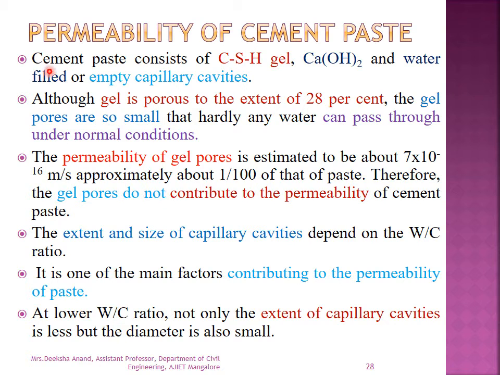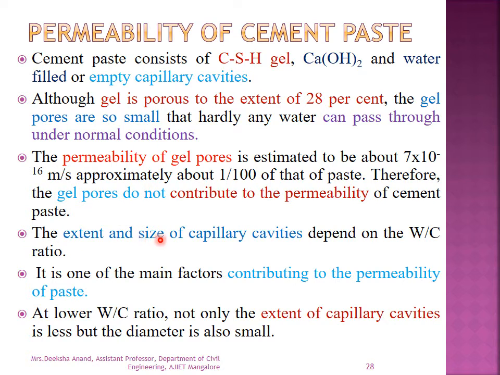We all know that after the hydration process, we get a paste or gel known as CSH gel, Ca(OH)2, and water-filled or empty capillary cavities. Although the gel is porous to the extent of 28%, the gel pores are so small that hardly any water can pass through under normal conditions.